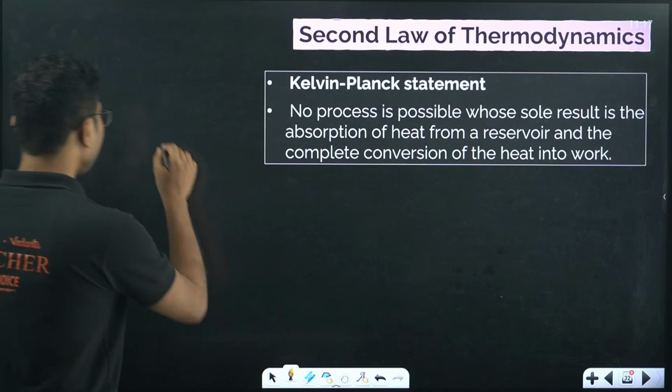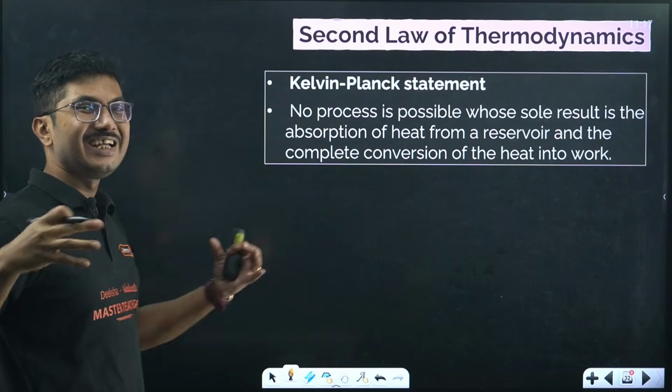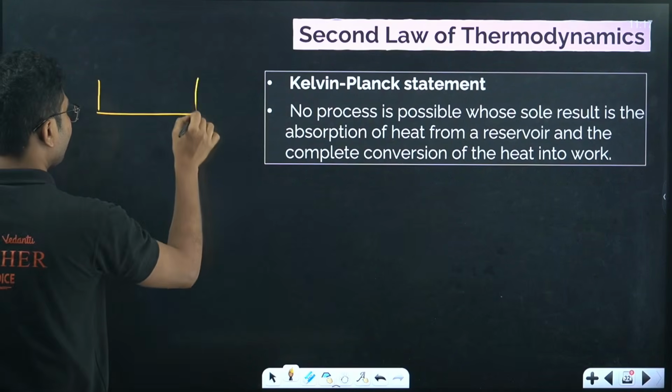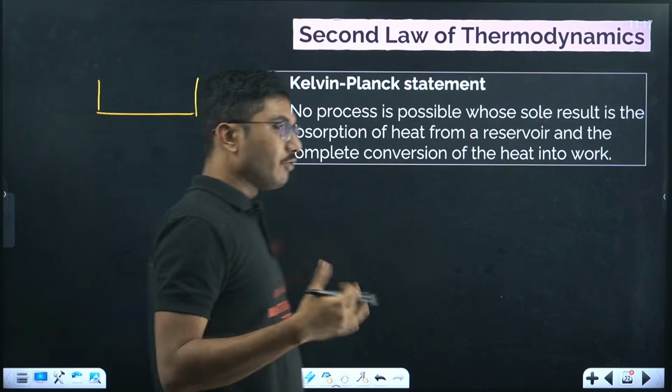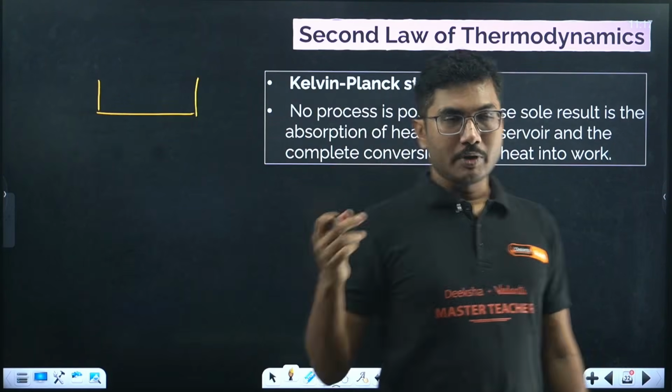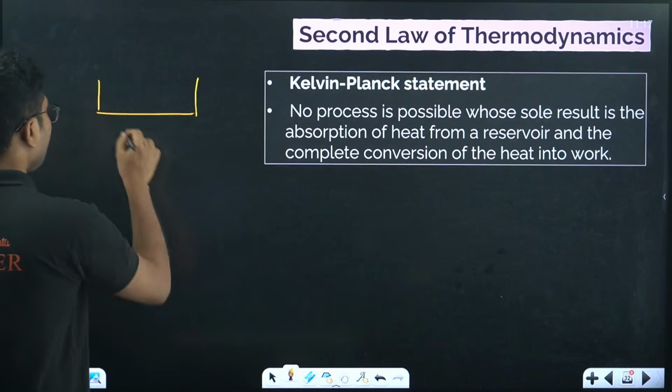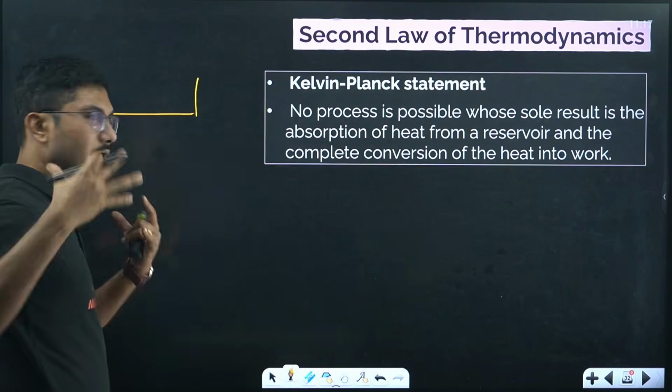Suppose you have a reservoir. Reservoir means heat reservoir, basically like a gas oven which is always hot. A pizza oven, or a normal tandoor, which is always hot. There is coal inside.